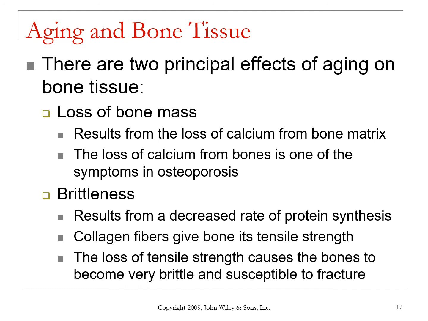Also, in the older adult, bones become brittle, and this results from a decreased rate of protein synthesis. Remember that collagen proteins give bone its tensile strength and flexibility. The loss of this flexibility leads to brittleness and increased susceptibility to fractures in bones that are already weak because of the decreased calcium.